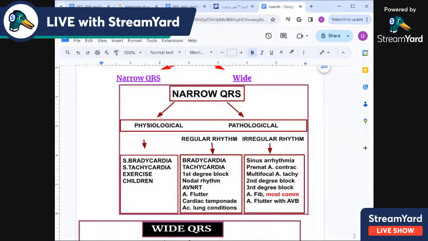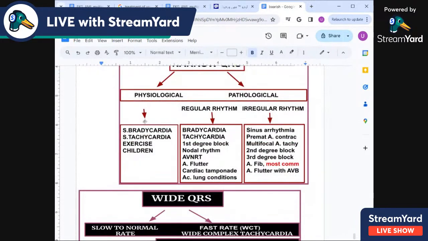In a QRS, there are two types, narrow QRS and wide QRS. The narrow QRS is divided into two, physiological and pathological narrow QRS. The physiological narrow QRS, we have bradycardia, tachycardia. It occurs in exercise and in children. Whereas pathological narrow QRS may have a regular rhythm or an irregular rhythm.